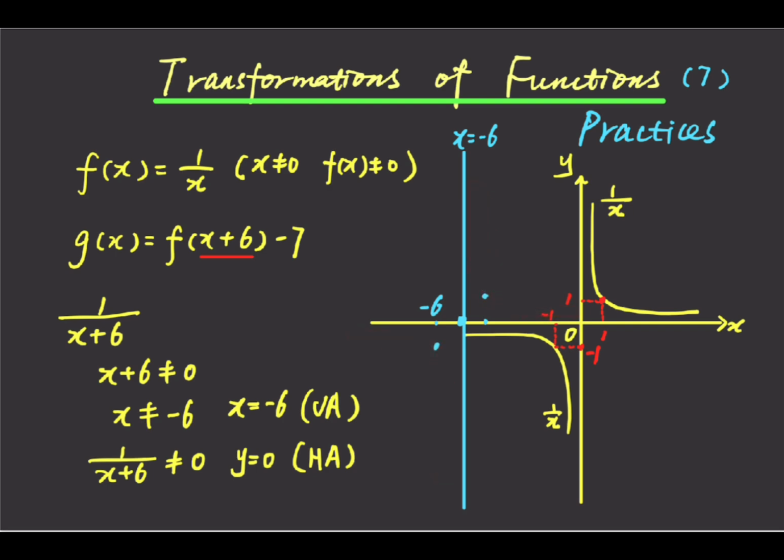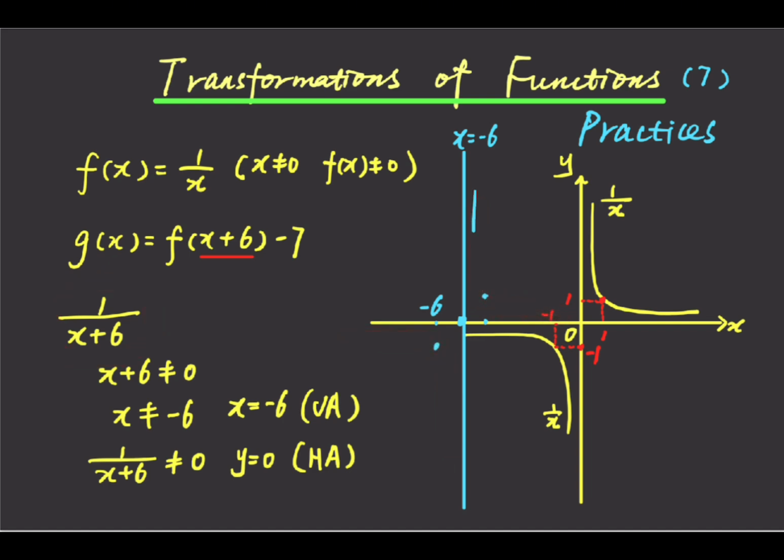You can do the same translations according to this method for every point on the base function. For this branch, you also do the same translations for every point on this left branch. Then you connect the corresponding image points. You can figure out the transformed graph of this function.